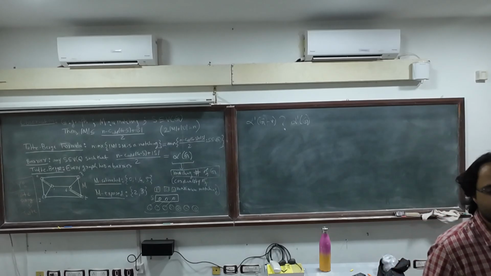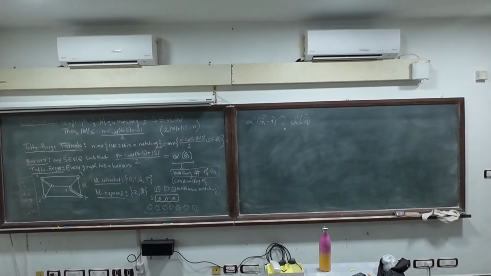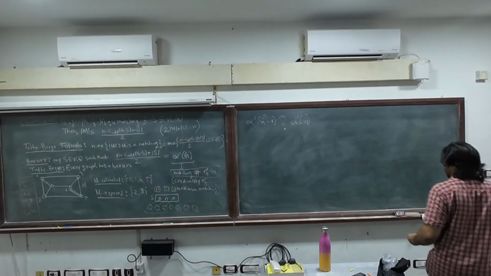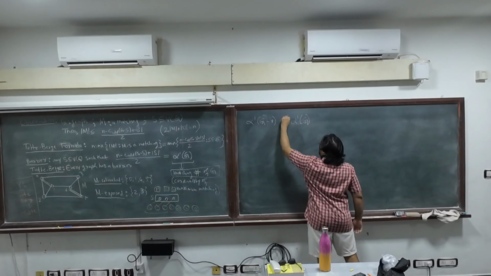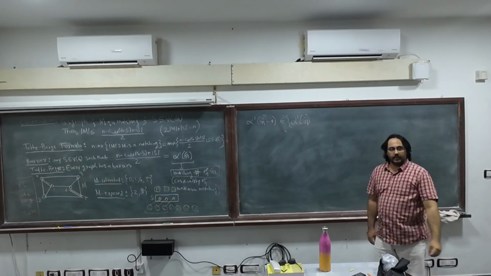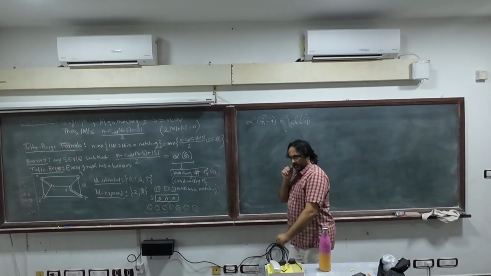Think about it. So it may not change at all. That's one possibility. One possibility is that it is equal to the matching number of G. What's the other possibility?